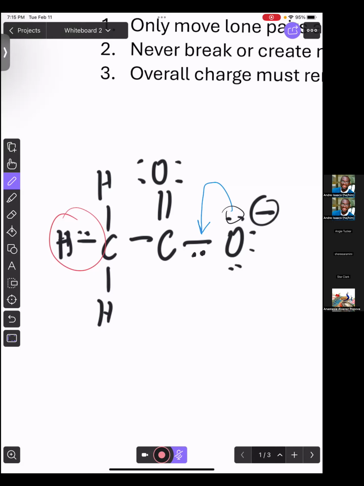I can't hold more than 8. And so the only electrons you're allowed to release are electrons in a pi bond, a double bond. This carbon currently has multiple connections. It has a single bond, and it has a double bond. So it can only release electrons that it currently has in the double bond.